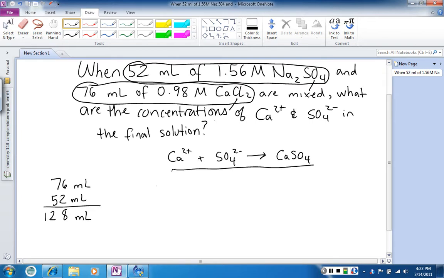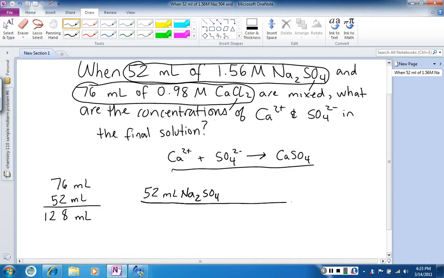The first step is you have 52 milliliters of, oops, I made a mistake here. Let me erase this real quick. 52 milliliters of Na2SO4.